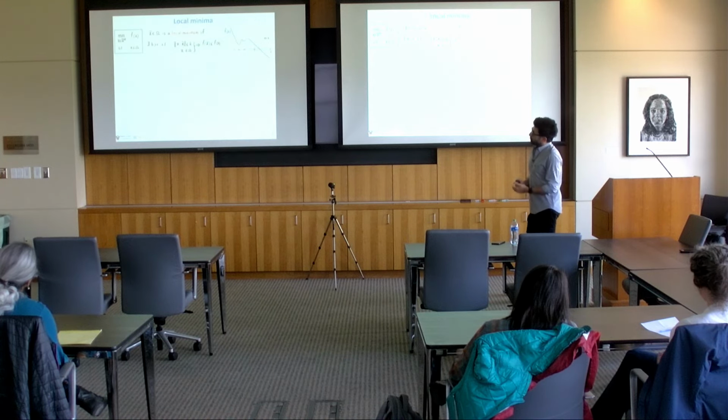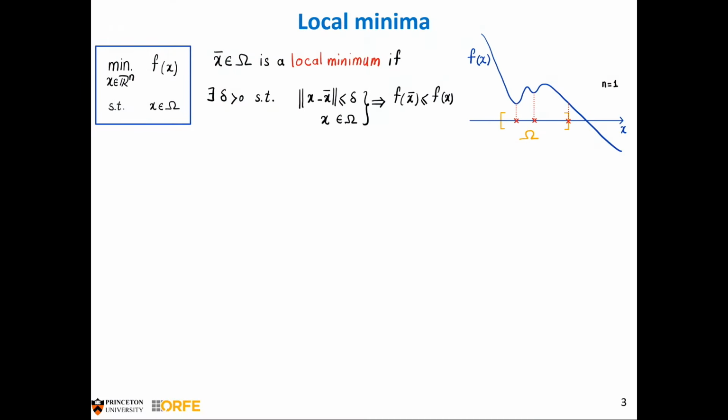So let me now formalize this. Let me define what is a local minimum. So let me also do it in the constrained case. So you have an objective function f and a feasible set omega. And a point x bar, a member of the feasible set, is a local minimum if there exists some positive radius, delta, such that if I look at the neighbors of x bar within the radius delta that are also feasible, then x bar is better in objective value than these neighbors, or at least is no worse.